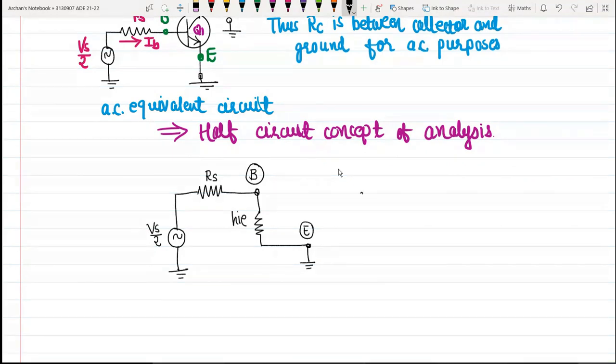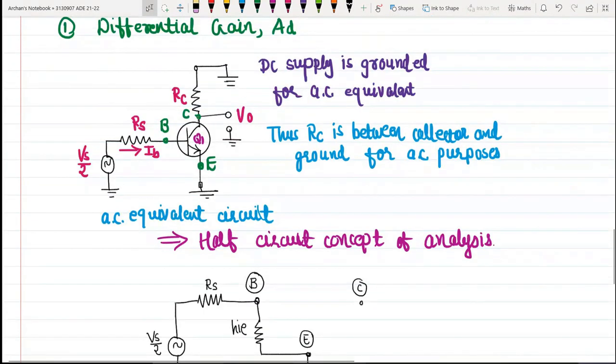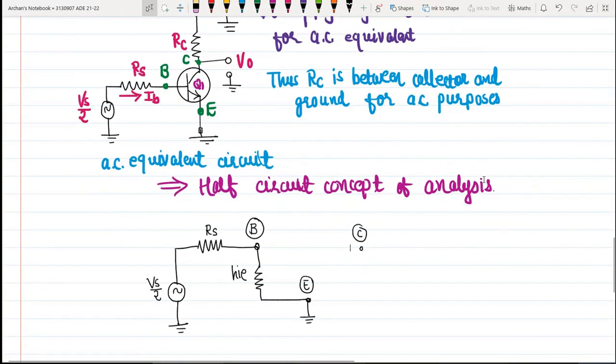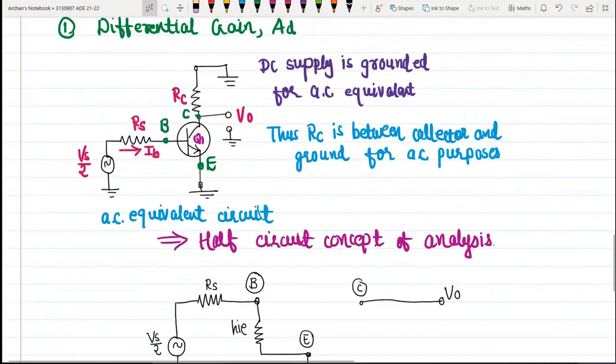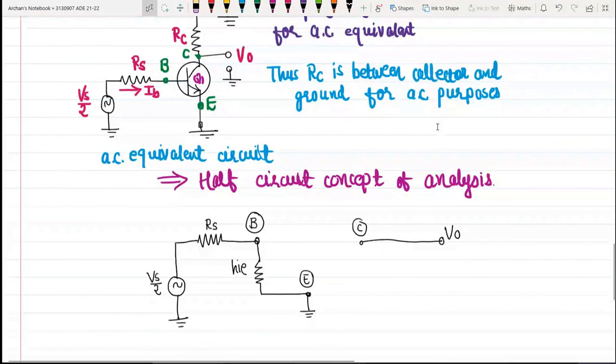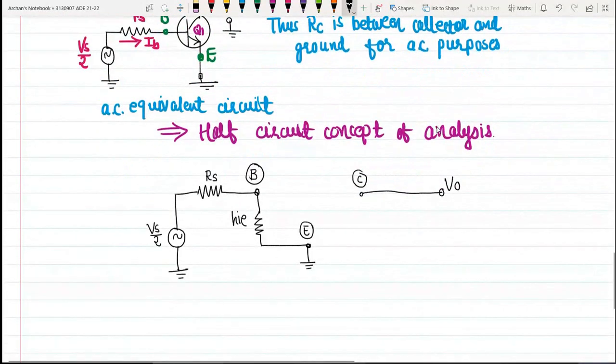And then here we have the collector terminal, where we are measuring the output voltage V0. So let us take this terminal to measure the output voltage V0, and there is one more resistance, which is grounded and connected to the collector terminal. So we will have this resistance RC.